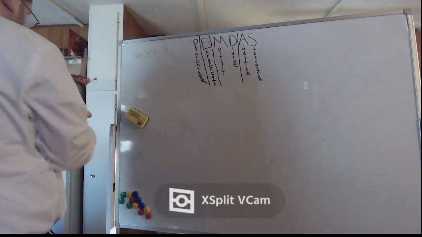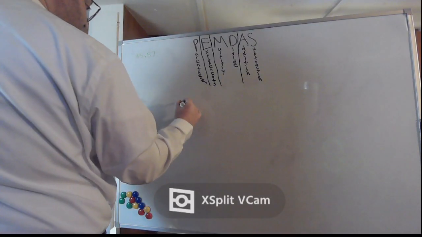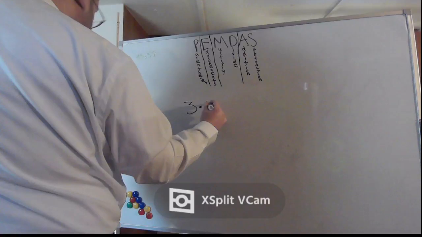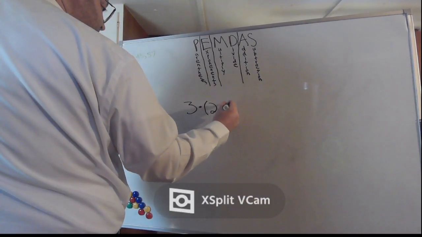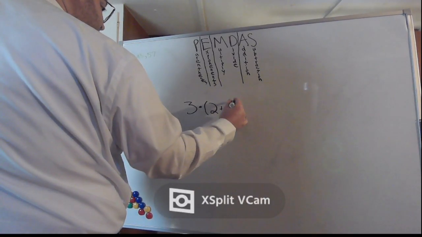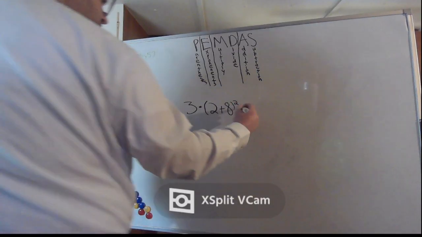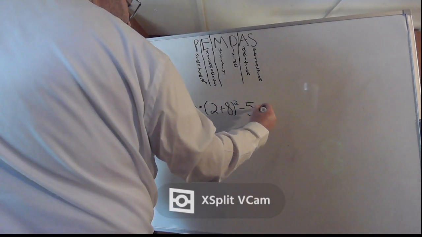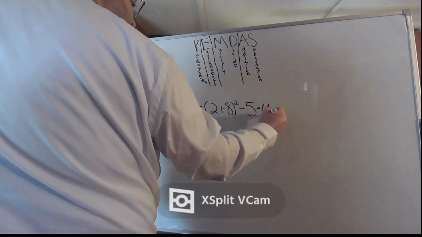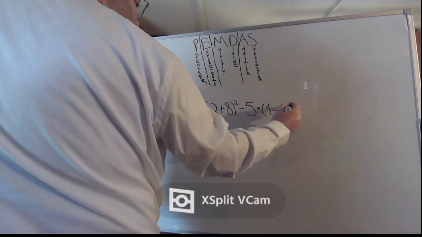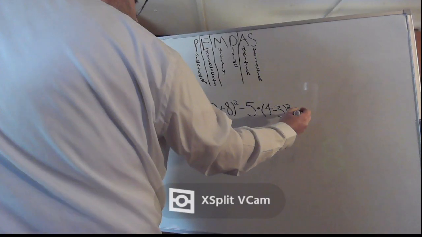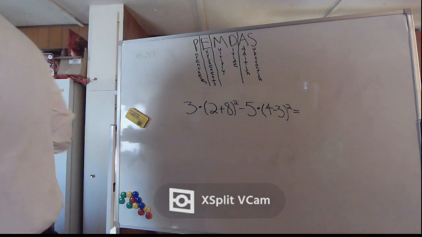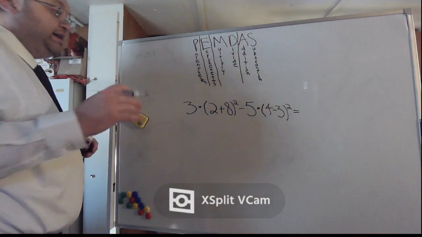We have 3 times, in parentheses, 2 plus 8, that in parentheses is squared, minus 5 times 4 minus 3 in parentheses, that's also squared to the second power. How are we going to solve something like that? So again, stick with your rules of please excuse my dear Aunt Sally.